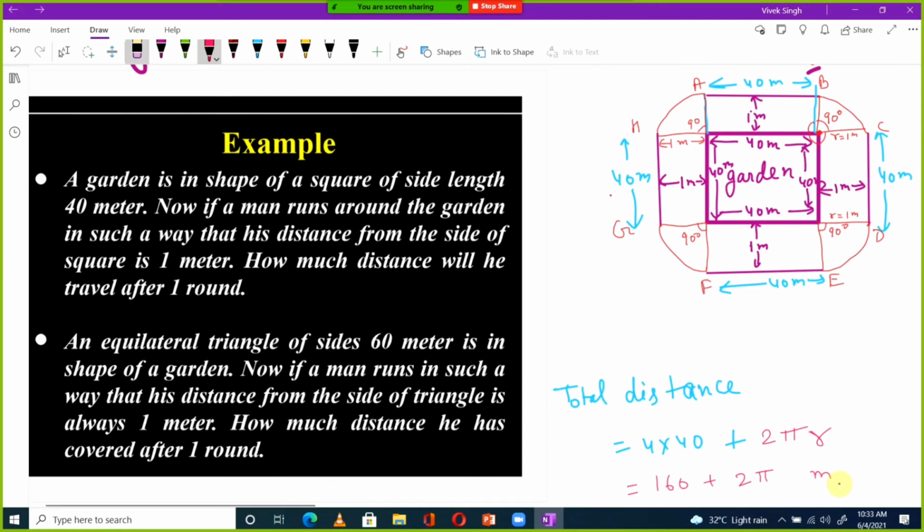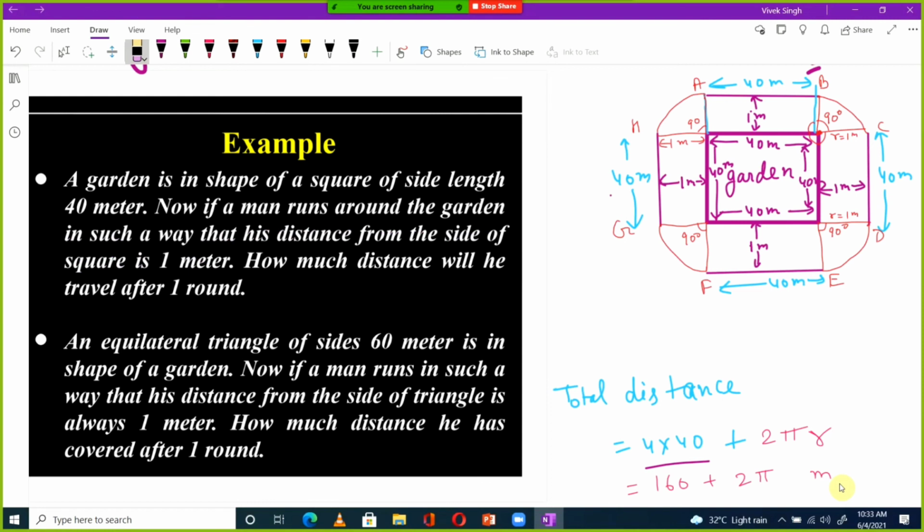In this same question, if they didn't give the condition that the distance should always be 1 meter, then your distance would be only 160 meter. Simply you would move along the perimeter of the square. It would become 160. But here they have given that the distance from the sides should always be 1 meter.